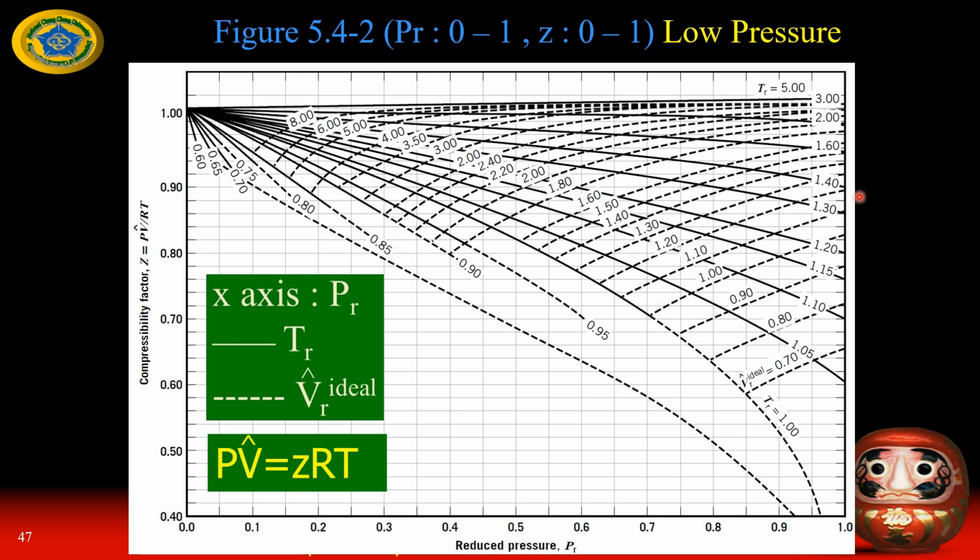So if I ask you, if TR is 1.4 and VR ideal is 1.4, what's the value of Z? Anybody want to tell me?